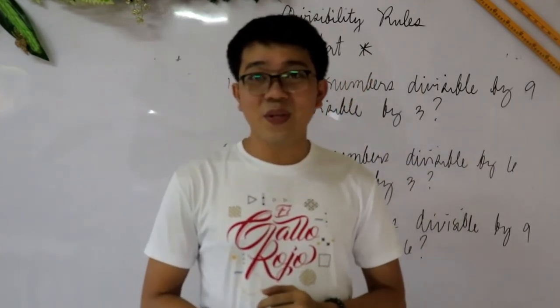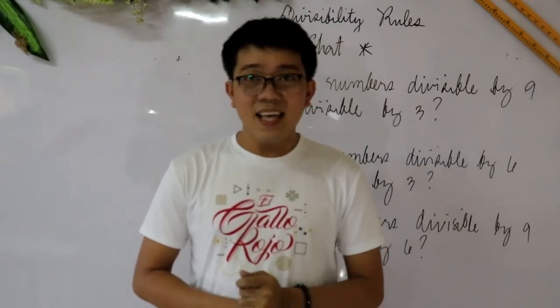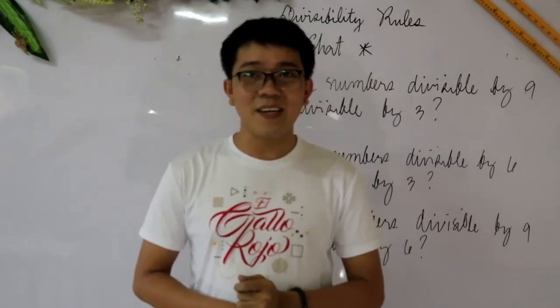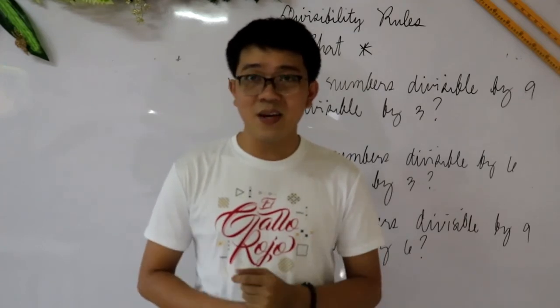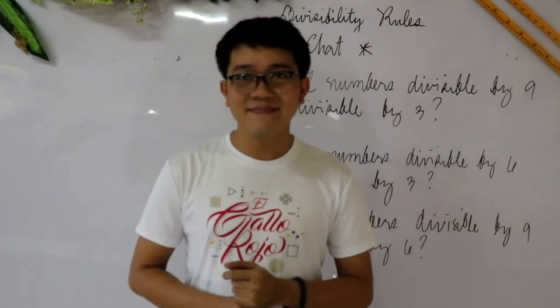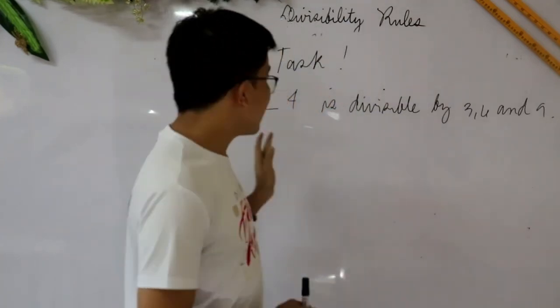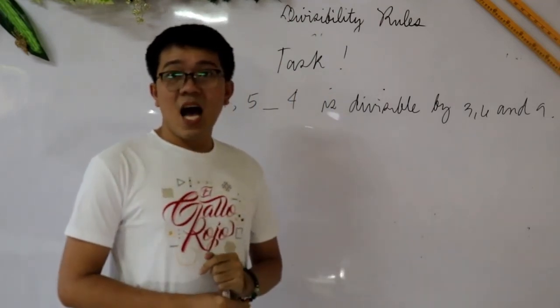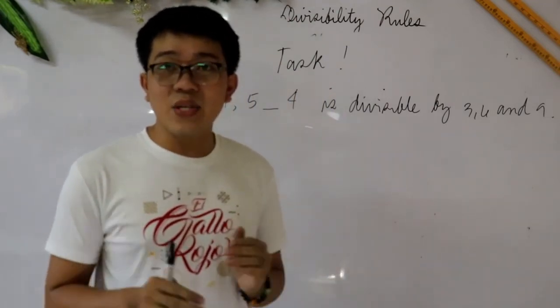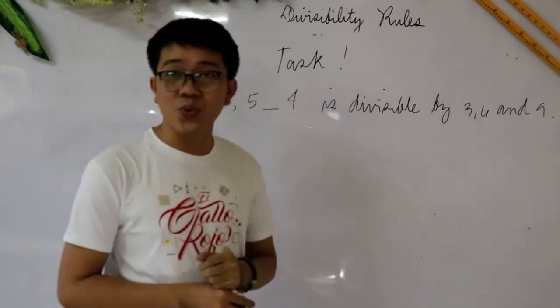Now that we're done with our discussion about divisibility rules 3, 6, and 9, that ends our discussion for today. But before I close this video, let me leave this task for you. Are you ready? I want you to find the smallest missing digit to make this statement true.